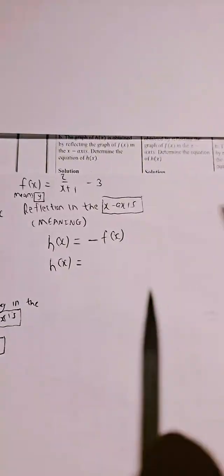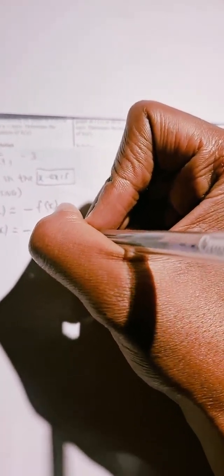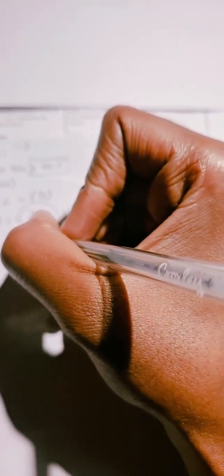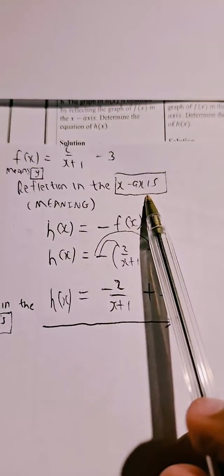How many terms does f of x have? It has 2 terms. So our negative is going to be written outside. Now we distribute the negative to the 2 terms. What do we get? Negative 2 over x plus 1 plus 3. That is the function h of x when we are reflecting the function of f of x in the x-axis.